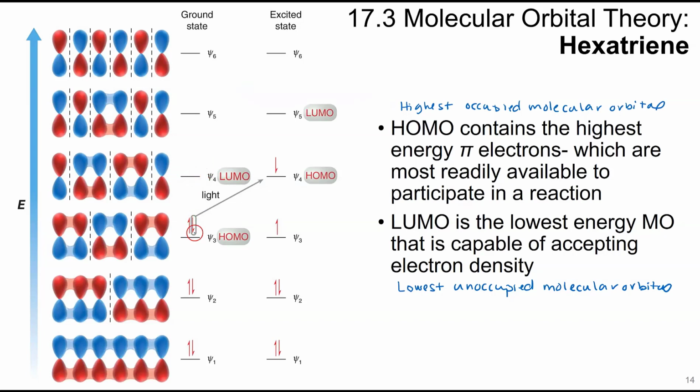If the compound is exposed to light, which it is here, so there's light right there, one of these electrons is excited and it can get promoted.